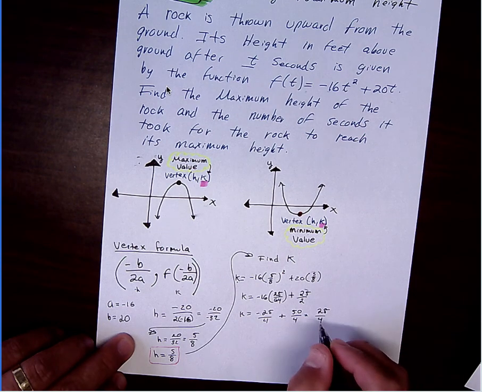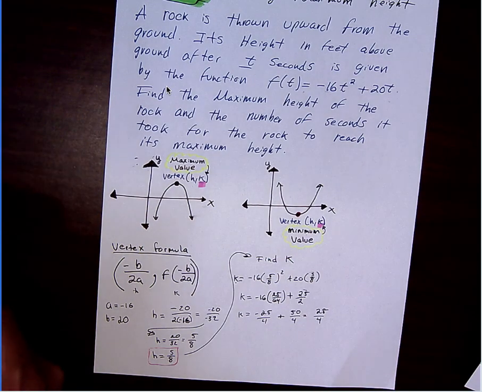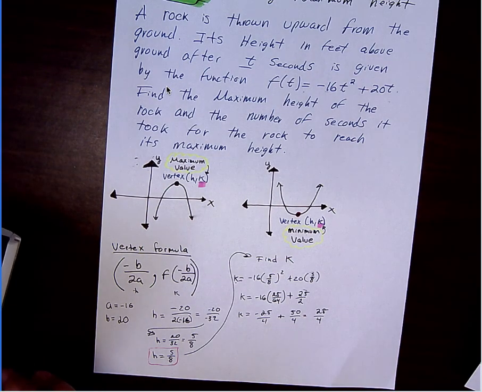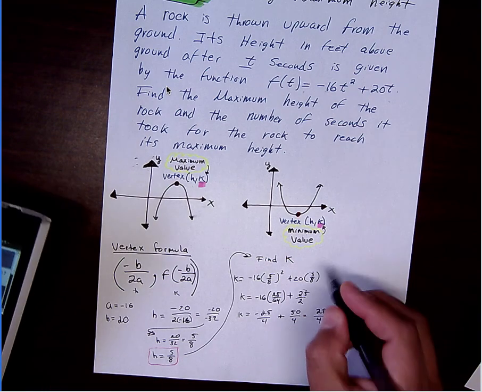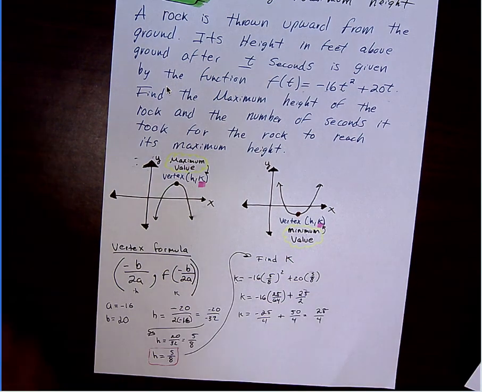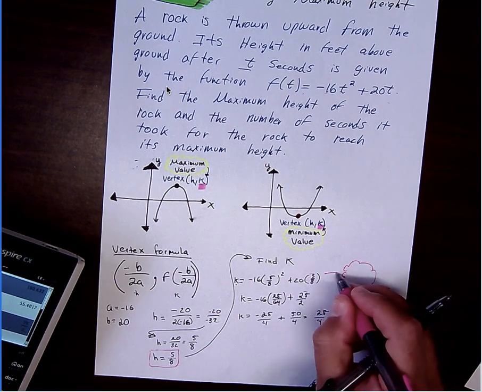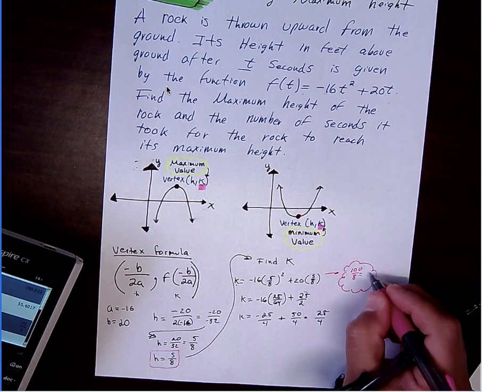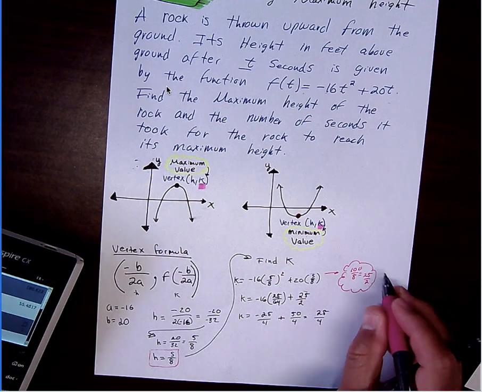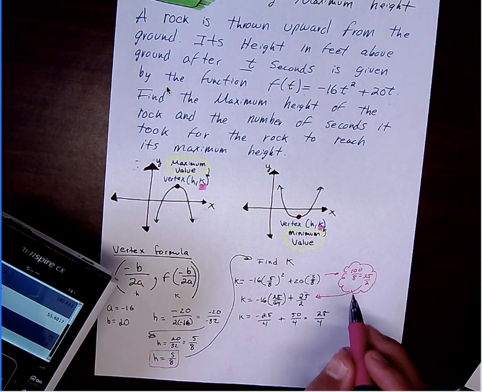So I kind of skipped some steps, so maybe I should do it on the side. 20 times 5 is 100 divided by 8, right? I'm going to put it on the side so that you guys don't get confused. When I solved this one, I got 100 over 8, which gave me 25 over 2, and this is the one that goes here.